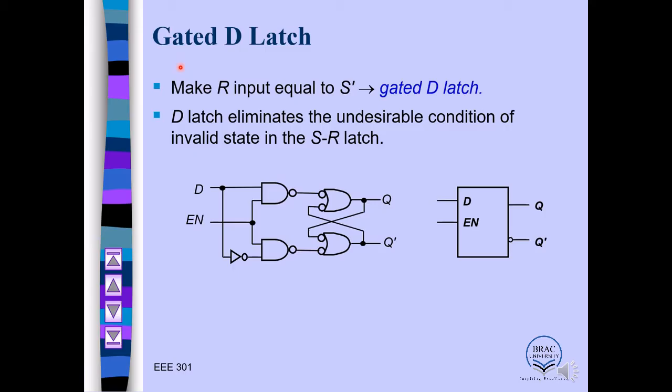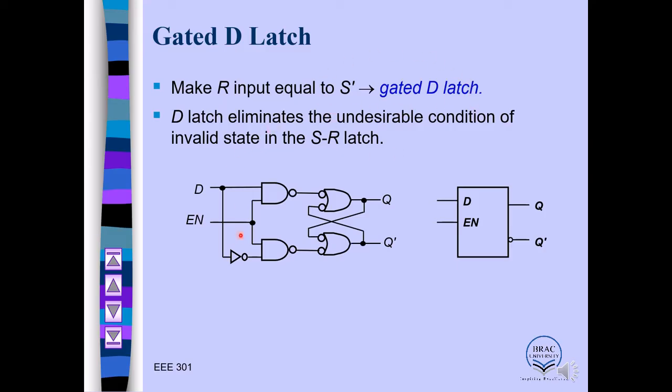Now let's get to the D-latch. The difference between the D-latch and the previous one is that, instead of R, you have the input which is inverted. So make R input equal to S prime for the gated D-latch.